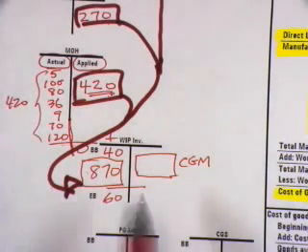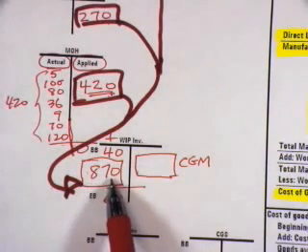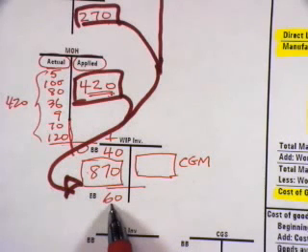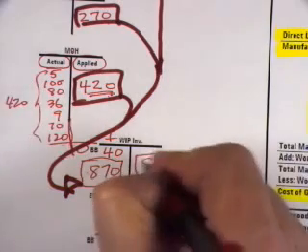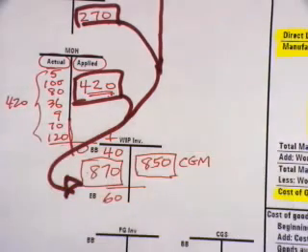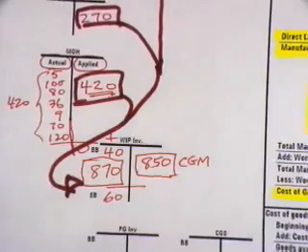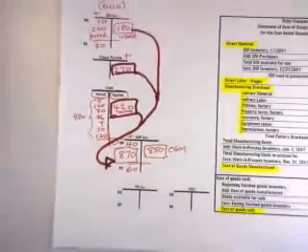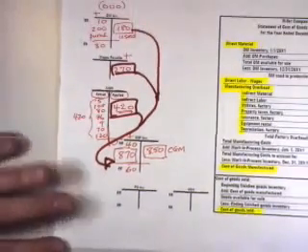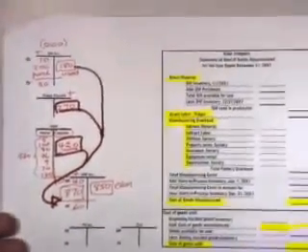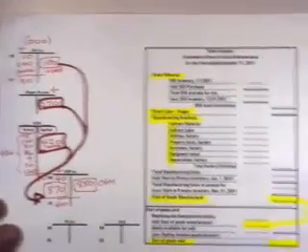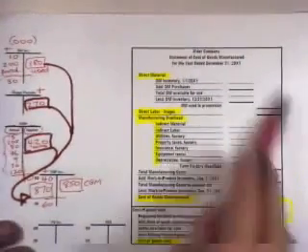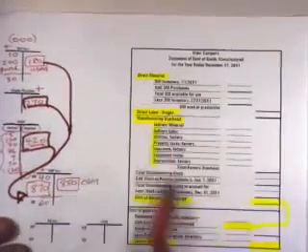You take 40,000 plus 870,000, that's 910, and then subtract off 60,000, and you get 850,000 as my cost of goods manufactured. So what I've done now with these four T accounts is summarize pictorially what's going to be reflected in this statement over here.